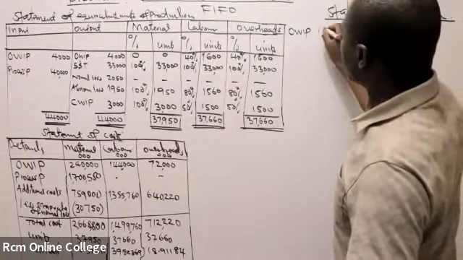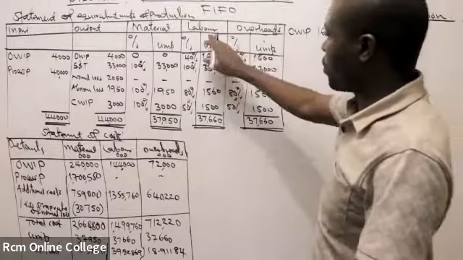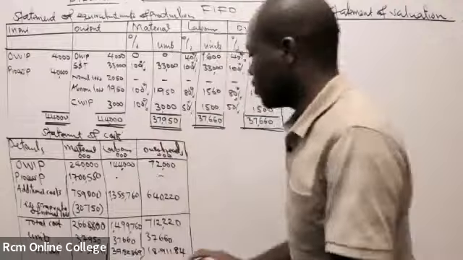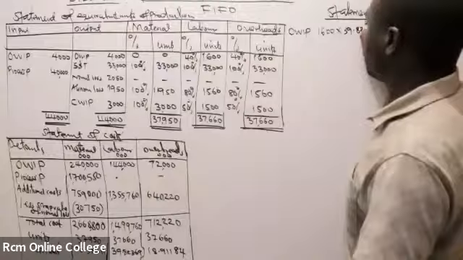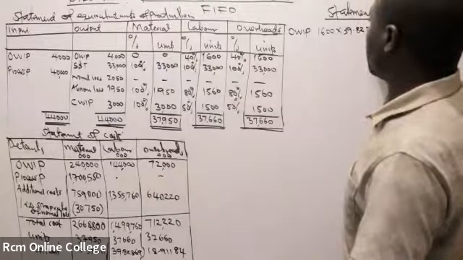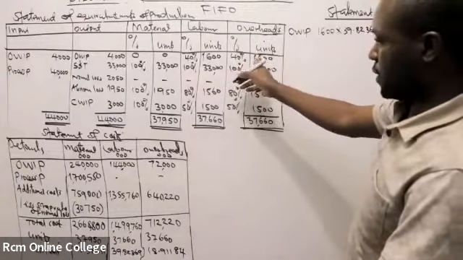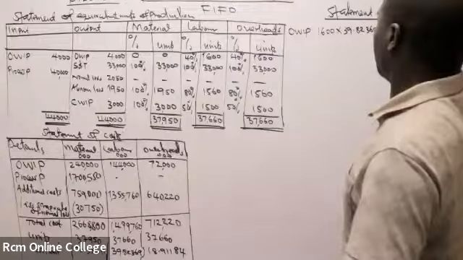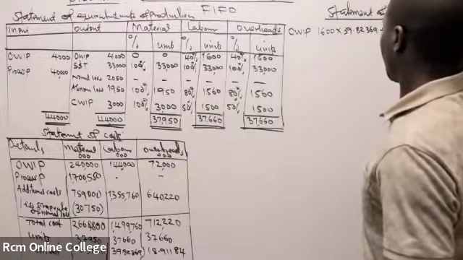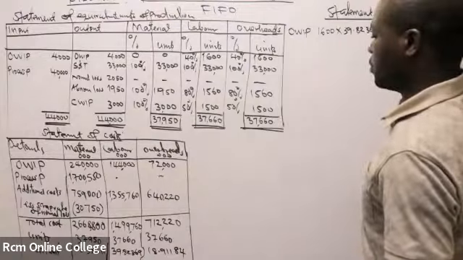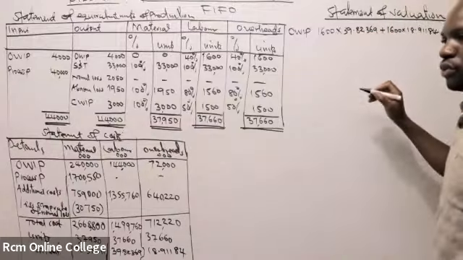So 1600 units, we multiply by the cost per unit under direct labor, which is 39.82369. Plus, for overheads, yes, 1600 times 18.91184.